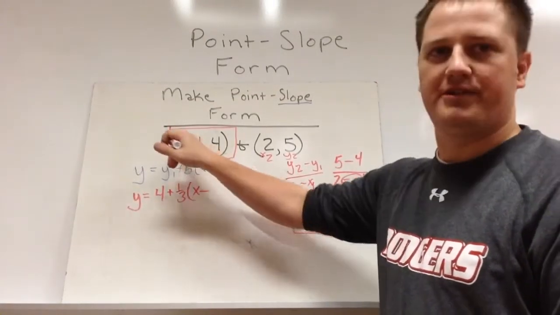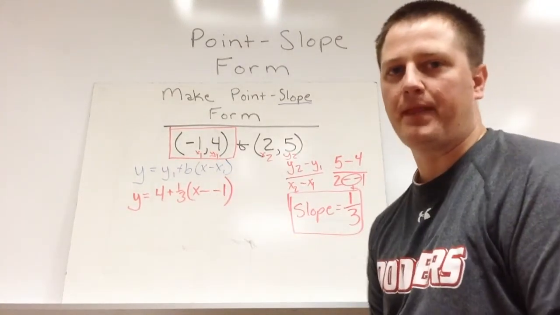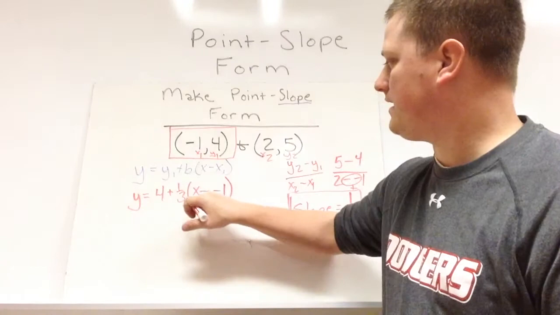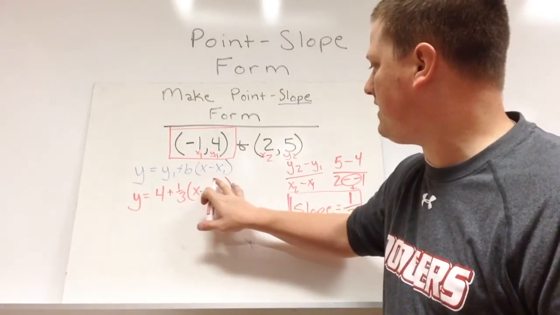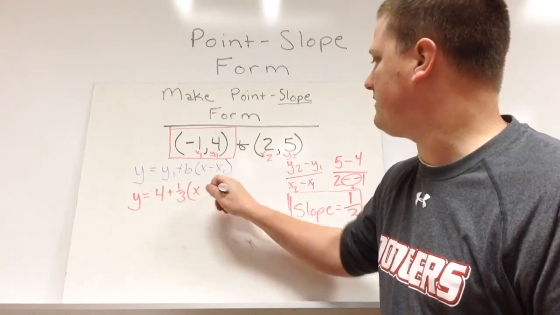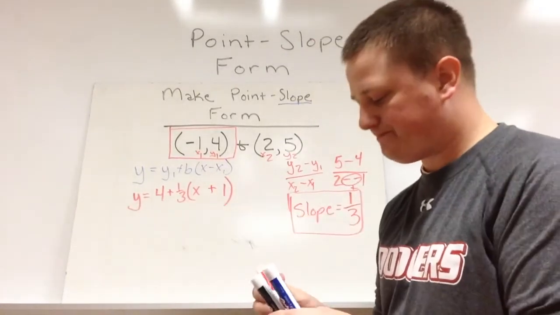Minus x1, which was negative 1, so we put in negative 1, and there's our answer. Now this can be written a little bit better because minusing a negative is really just adding, so I'm going to write it as a plus sign instead of minus negative 1. So this is one option.